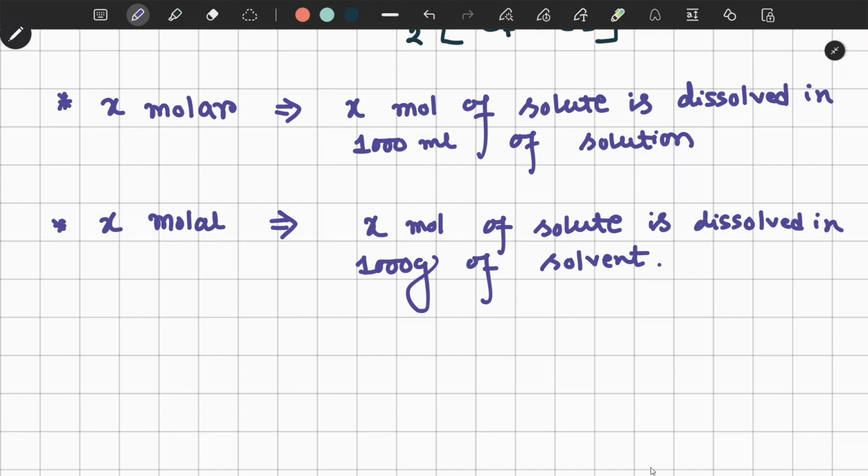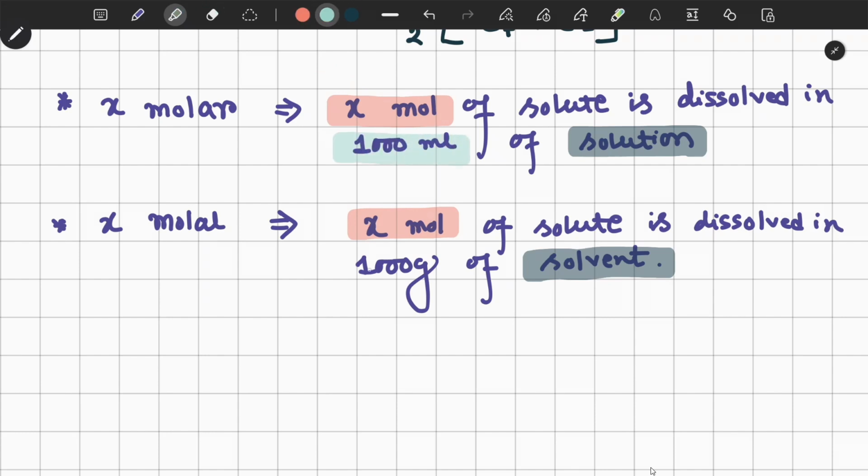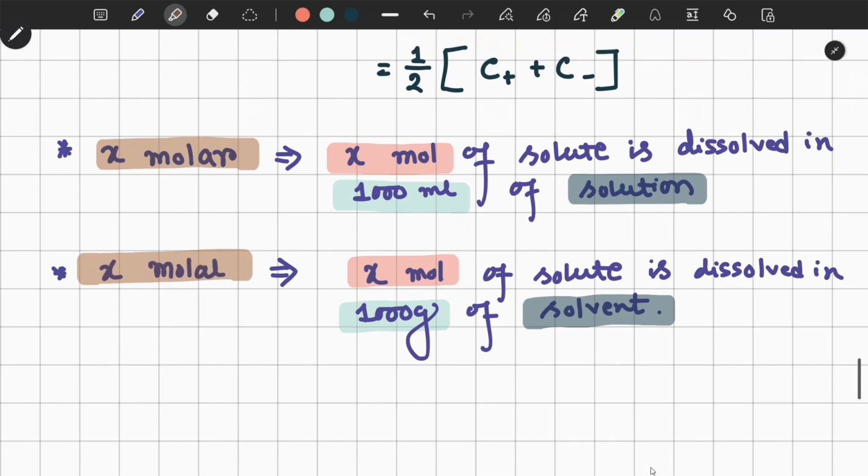This is important: it is solution versus solvent. X mole in both, but this is 1000 ml and that is 1000 gram. Is it clear? This is the definition of molar and molal.